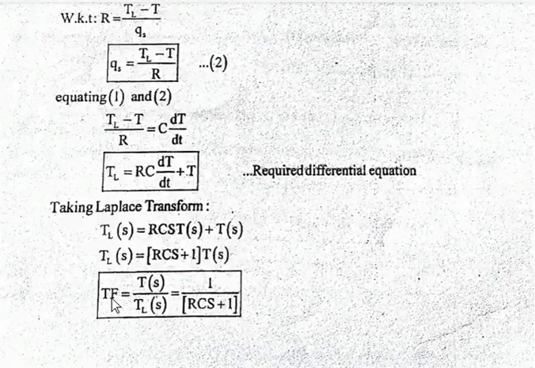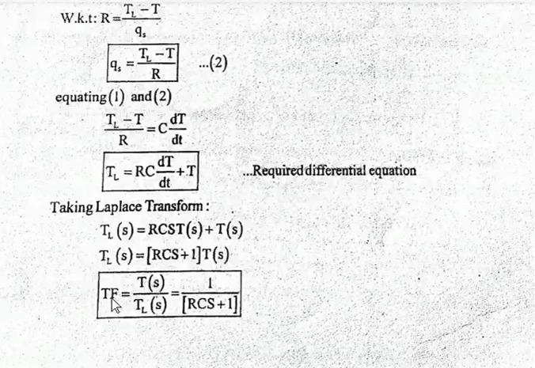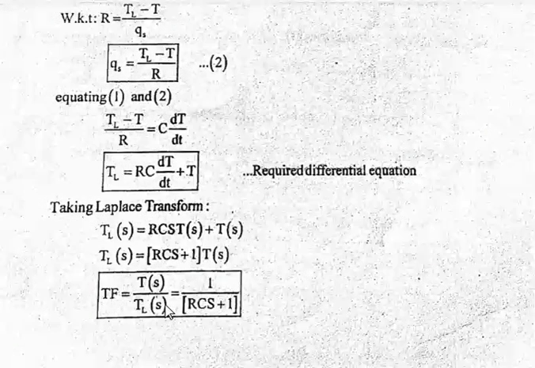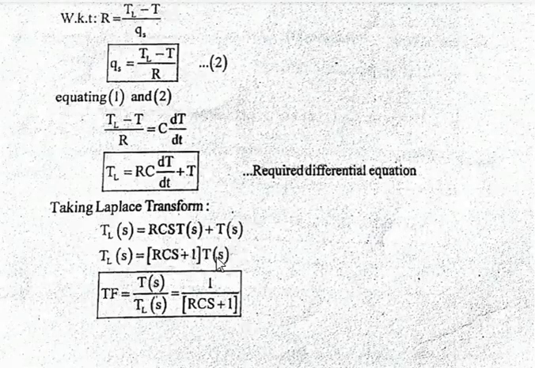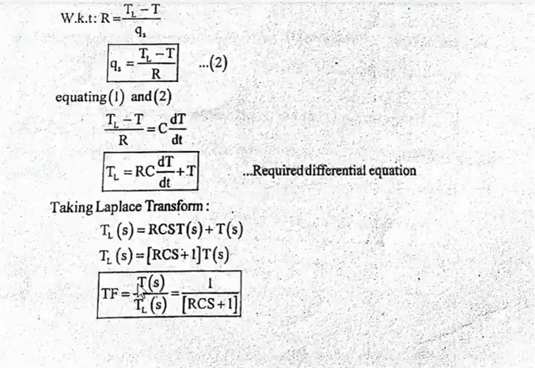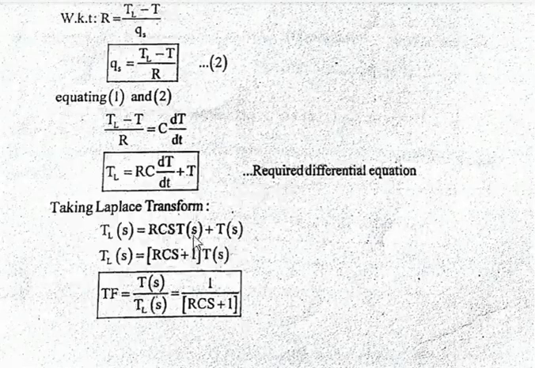Then you can take the transfer function. Transfer function is nothing but what? Output by input. θ of S is the output and TL of S is the input. So the transfer function is θ of S by TL of S. Then you can take this term to the other side, so it becomes 1 divided by RCS plus 1.